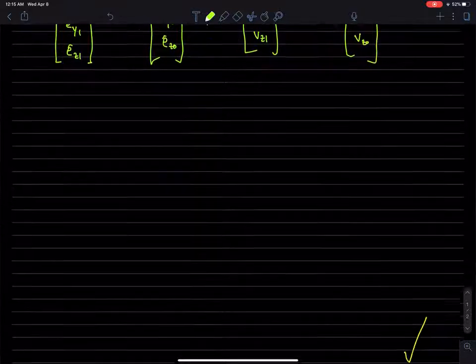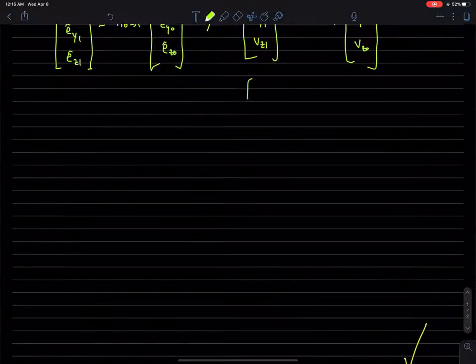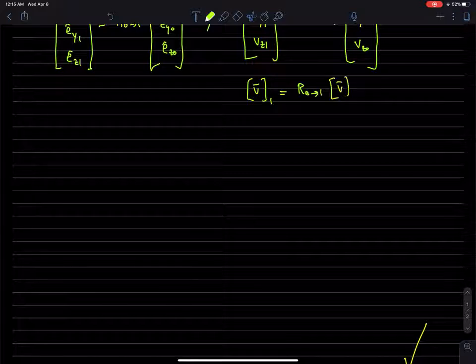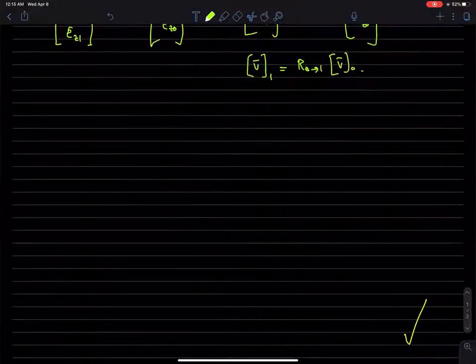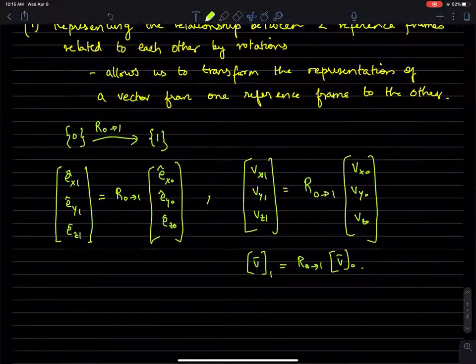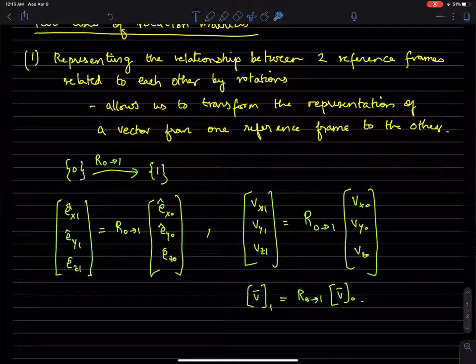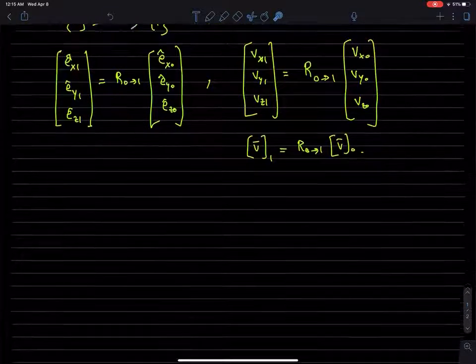Okay, so representation of v in frame 1 is r 0 to 1 times its representation in frame 0. Okay, so that's the first use, which has to do with transformation of representations or transformation of coordinate frames.